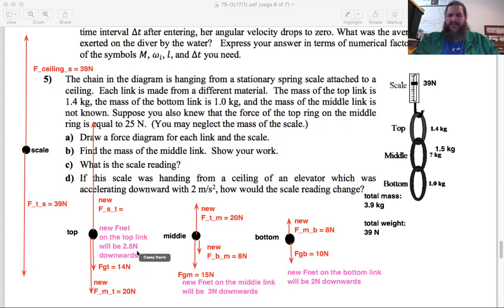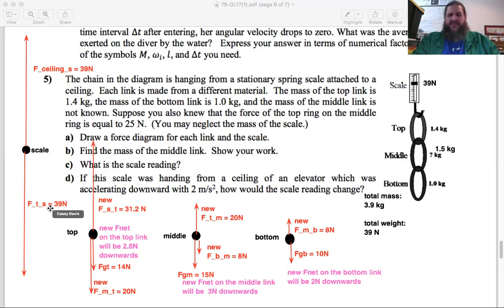What would that something have to be? Yeah, 31.2 newtons upwards. So that has also gotten weaker. All of these forces, except for the gravitational forces, have gotten weaker.